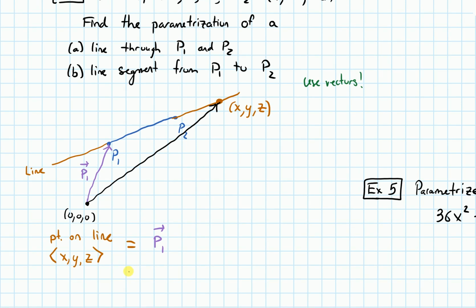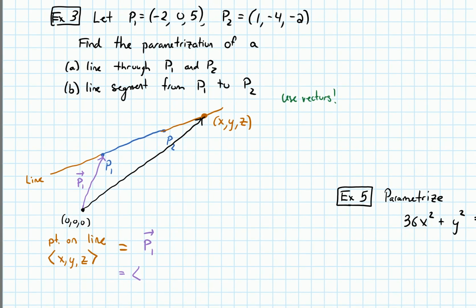To get a vector connecting 2 points, so this is connecting -2, 0, 5, and the origin, which is 0, 0, 0, I subtract the 2 points component by component. I do the point that I end at, P1, minus the point that we start at, the origin. That just gives us P1 written as a vector, so it'll give us -2, 0, 5 as a vector.